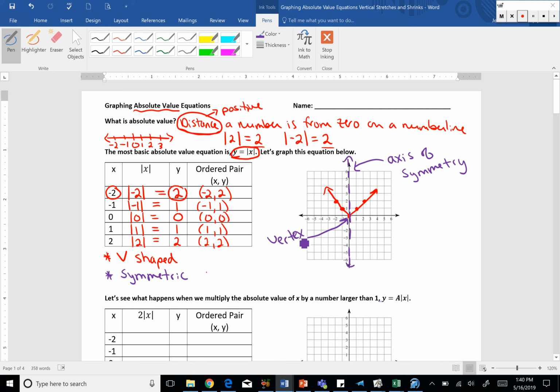Our graph makes a V. That middle point of the V, or the place where the V changes directions, V for vertex. That's how I remember it. Now, since we said the two sides are straight, one thing that's really familiar for us with straight lines is the idea of slope.